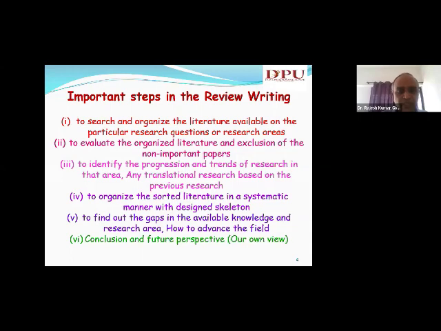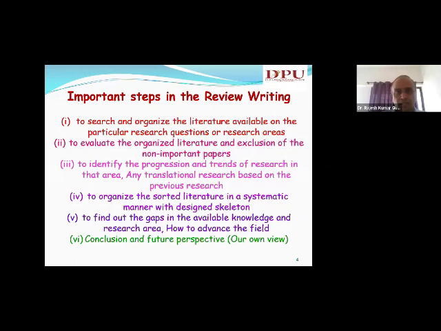Number 3, to identify the progression, how research in that particular field is going and what the trends of research in that area are. Any translational research should also be considered in the steps of review writing.